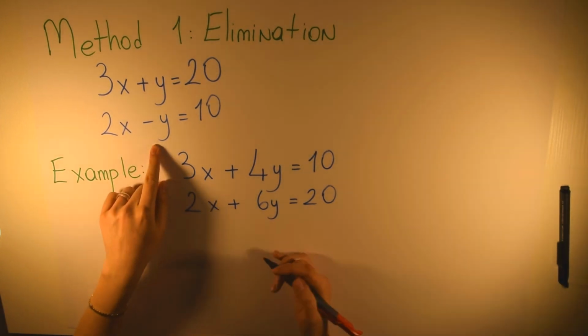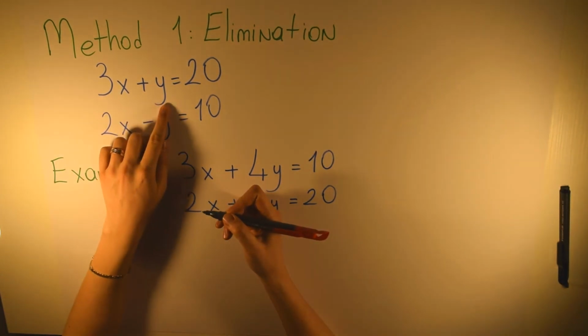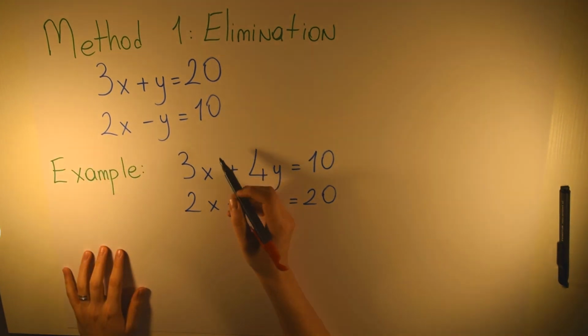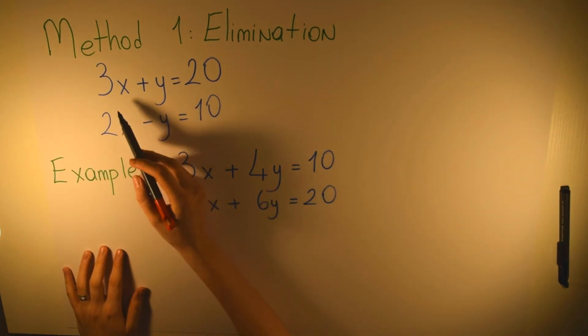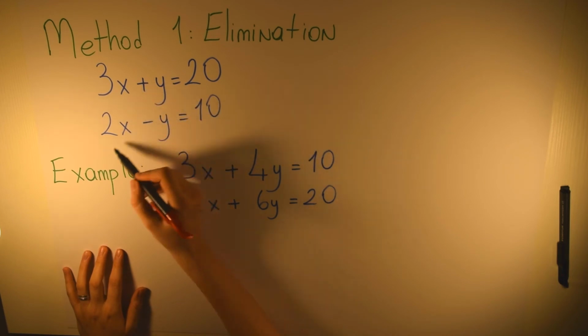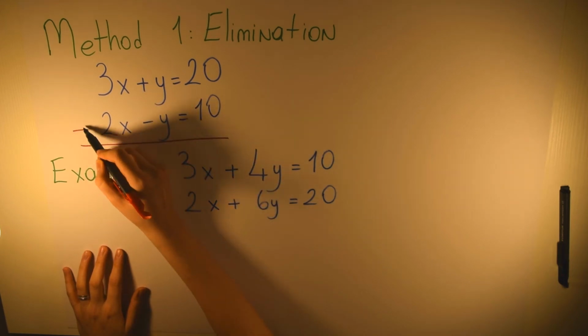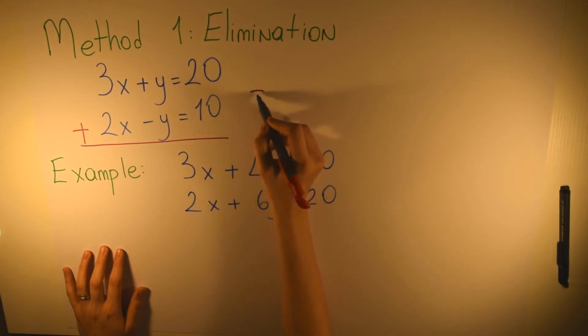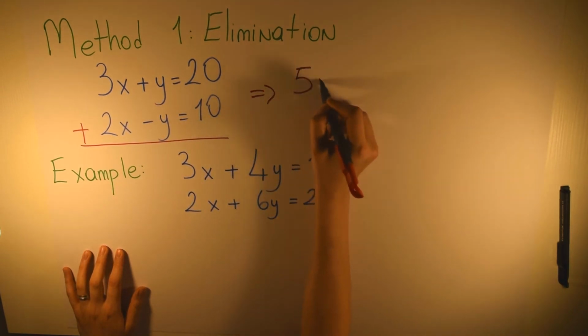For example, here we have 3x plus y is equal to 20, 2x minus y is equal to 10, right? So if I add these two equations together, you will see that 3x plus 2x is equal to 5x, right?